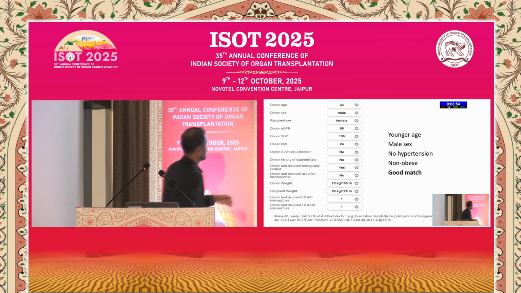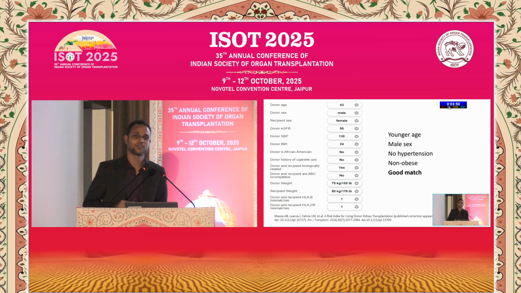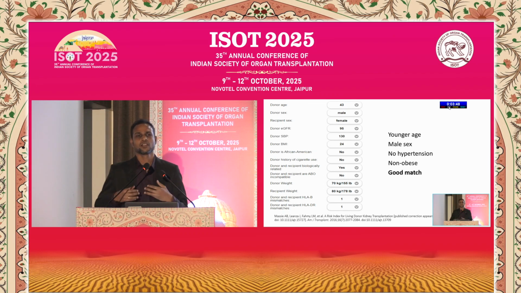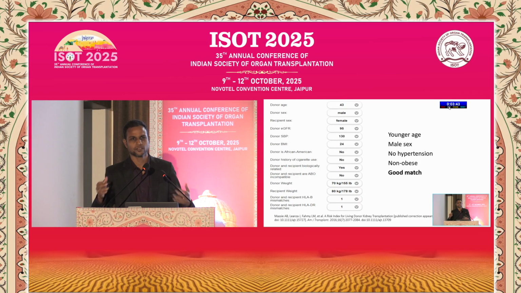Here we can see HLA-B and HLA-DR, these two parameters they have taken into account. Obviously there are more HLA, and now I have seen some people very much interested in epitope matching and all. Definitely it's there, but exactly how to do it practically and how it will be implemented in KPD softwares will take a little bit of time, I think.